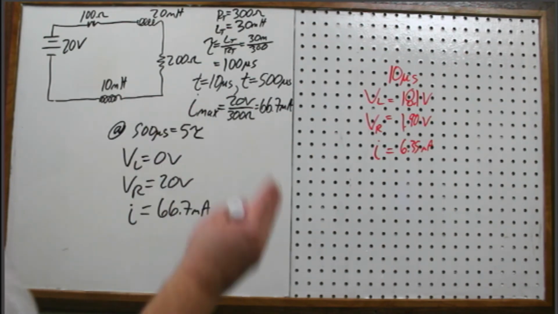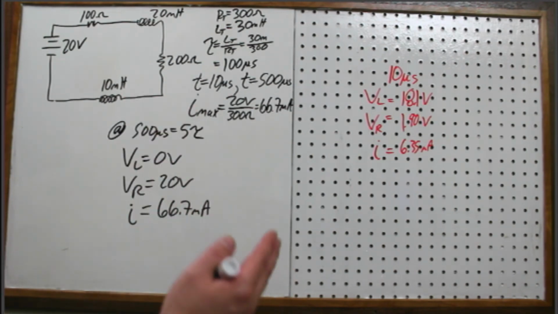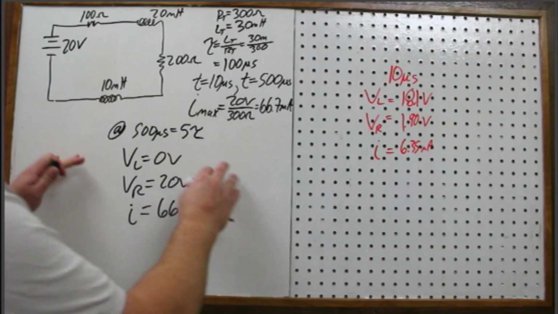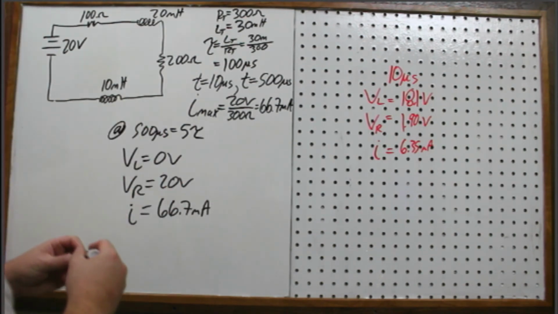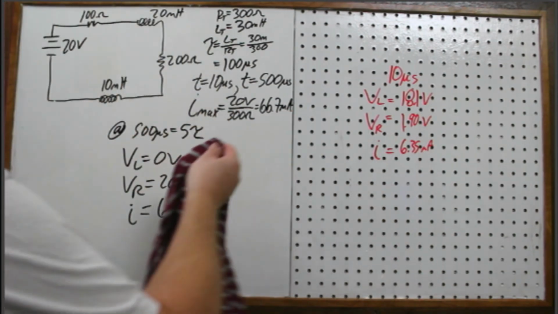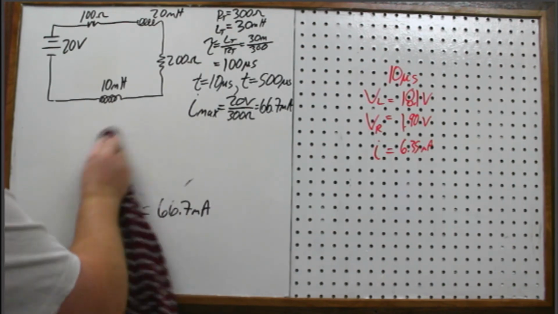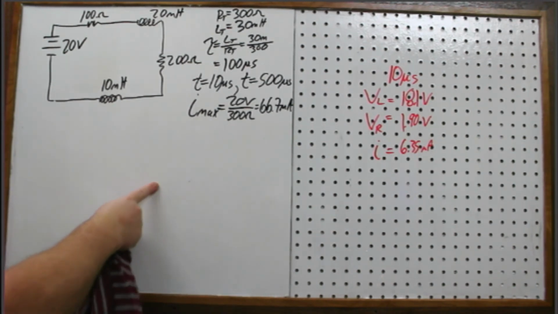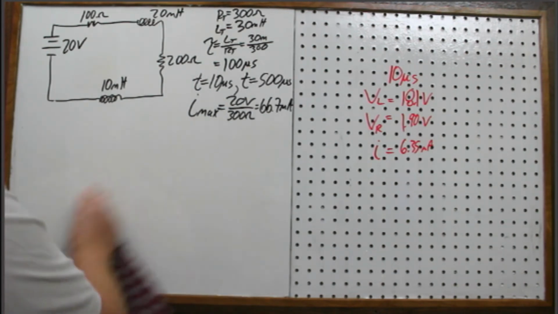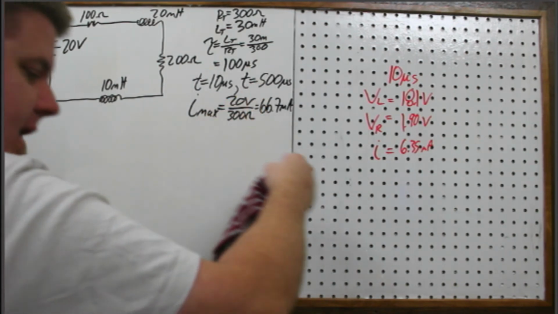However, the exponential equation is approaching an asymptote. So if we want the actual value, we still have to plug it in and see what those values are. If you do this on the quiz or the exam, though, I will not count it wrong, if I'm giving you a point in time that is 5 tau.